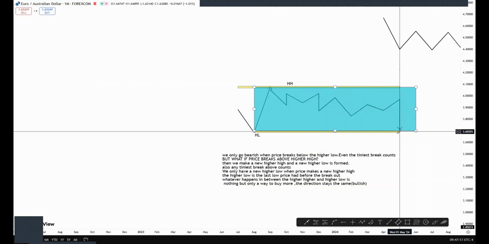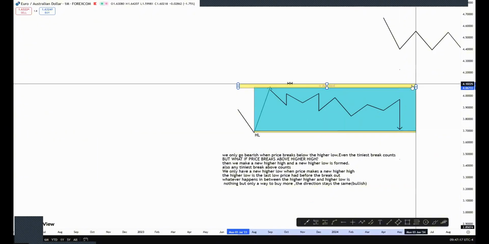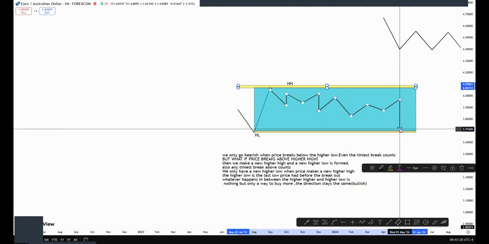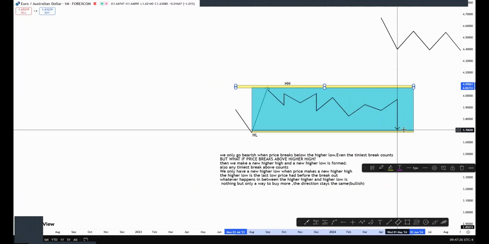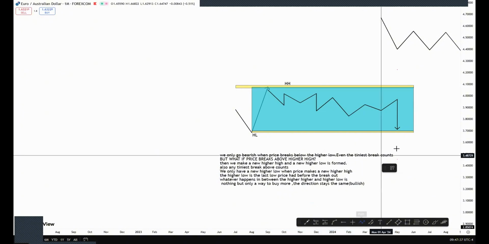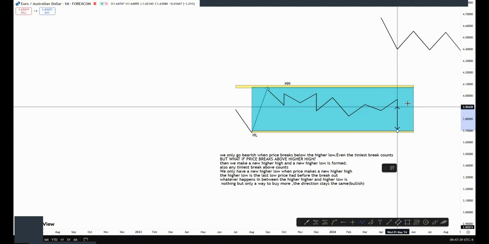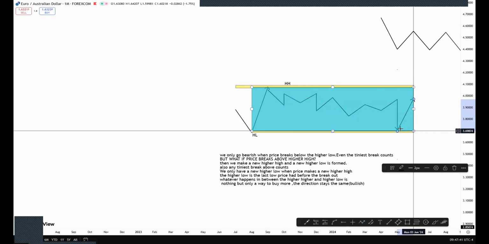So even if you were to find your trade at this smallest point here, which is very close to the higher low, still look for ways to buy. Find a way to buy. That's what I'm trying to say. Even if price is at this level, even if price is at this line, still find ways to buy.